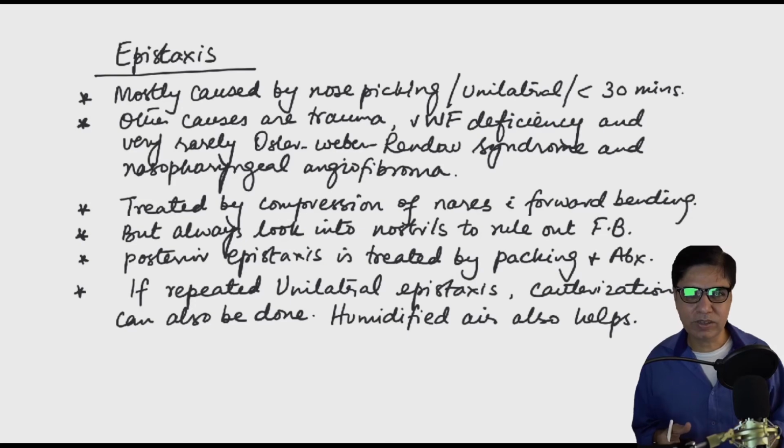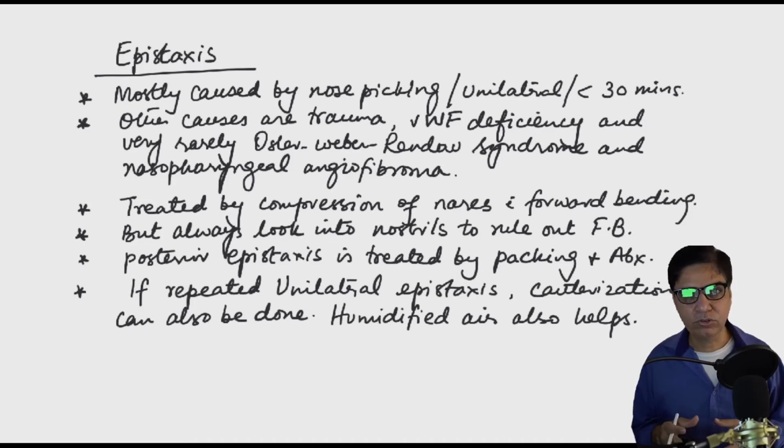If it is bilateral, obviously you have to rule out other causes, because sometimes trauma to the facial area, especially the bridge of the nose, leading to nasal fractures and other things, can cause bleeding. Rarely, some clotting disorders, especially von Willebrand factor deficiency, can also present with recurrent epistaxis in children, or some of the qualitative platelet defects like Bernard-Soulier or Glanzmann thrombasthenia can sometimes present with epistaxis.